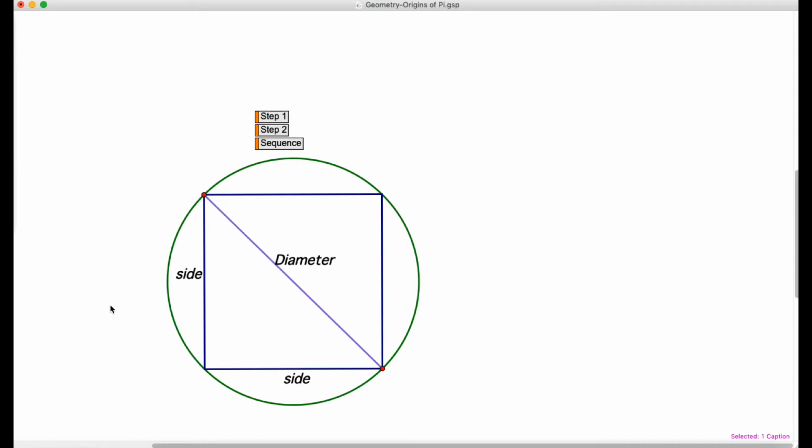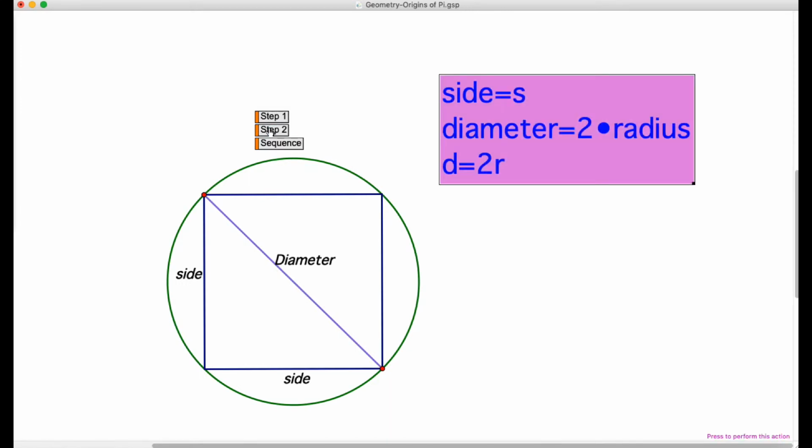So starting off, I see that the square that's inside has each side labeled, but then if I use the Pythagorean theorem, I could look at the diagonal of this square, which also happens to be the diameter of the circle.